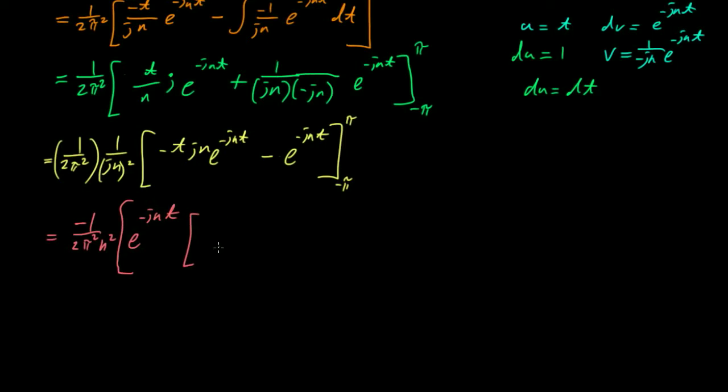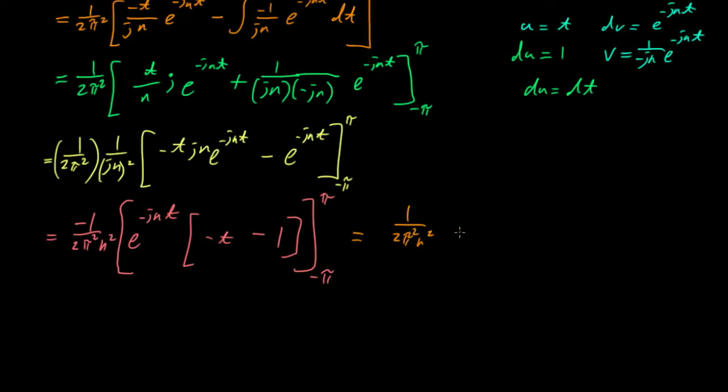I'm just trying to rearrange it into simple terms. So this is negative t times jn minus 1. I just like writing out all the math to make sure everyone's on the same page.